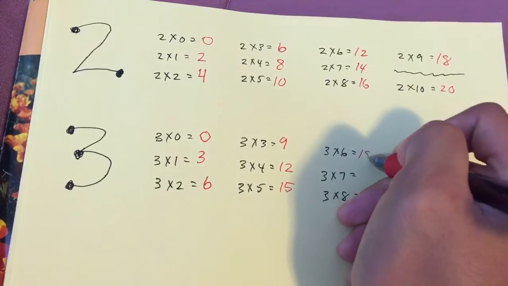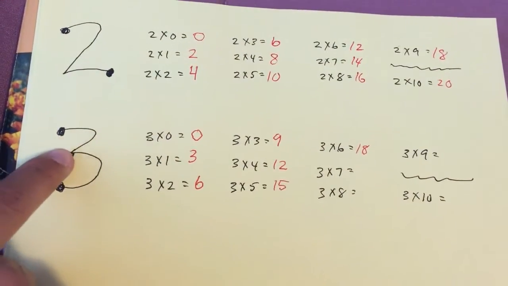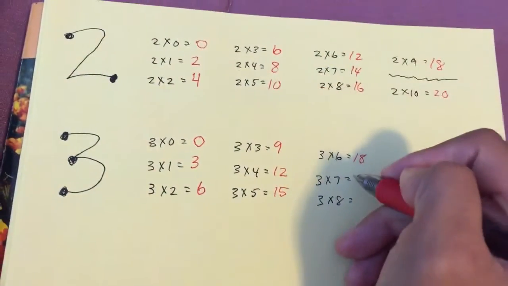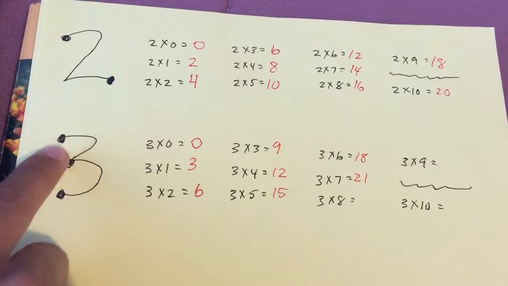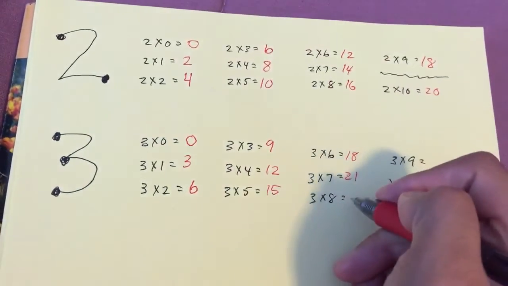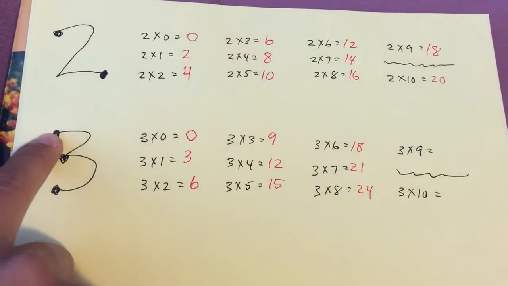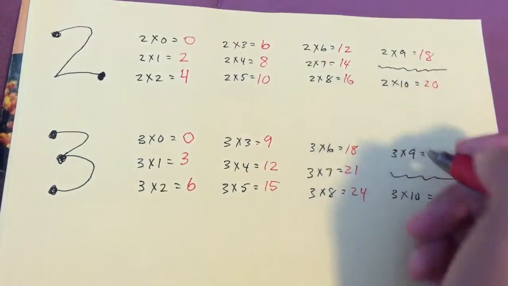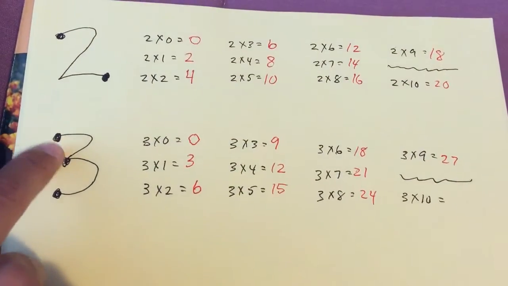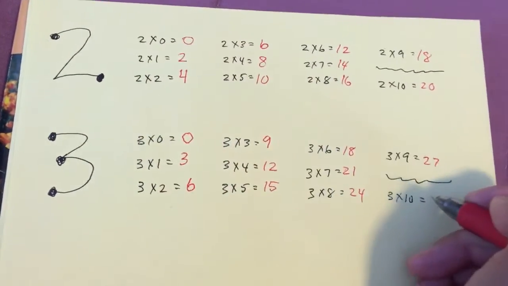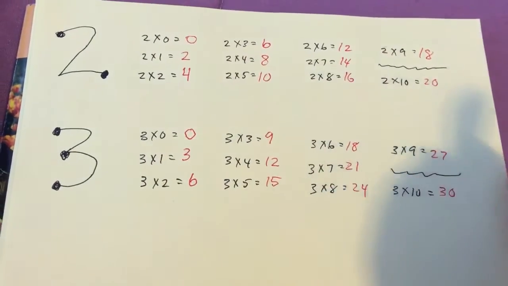The number after 18 is 19. 19, 20, 21. The number after 21 is 22. 22, 23, 24. The number after 24 is 25. 25, 26, 27. And the number after 27 is 28. 28, 29, 30. And from here, you could see that 3 times 10 is 30, so we did it correctly.